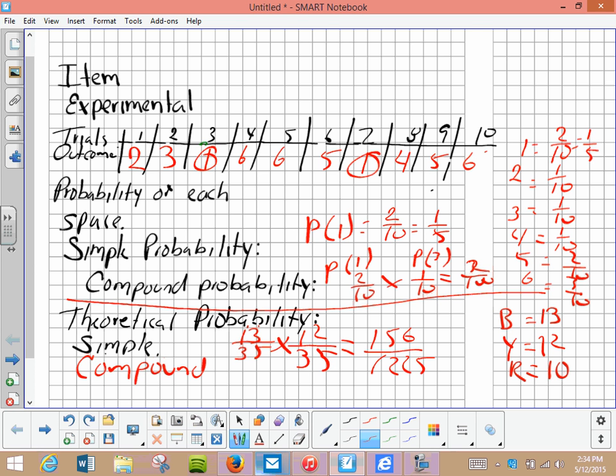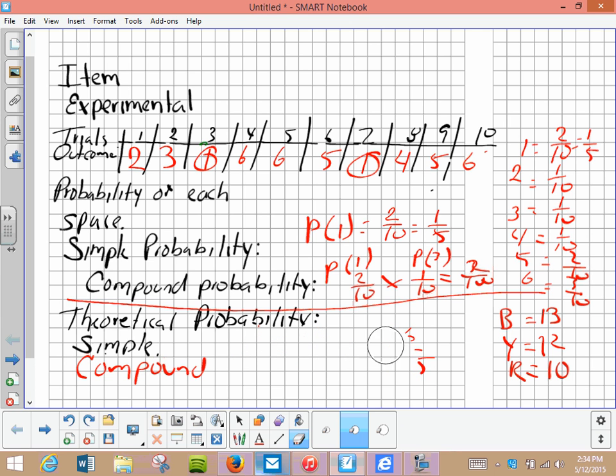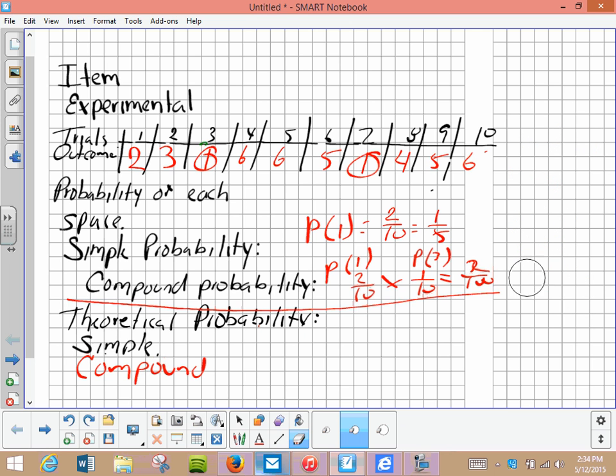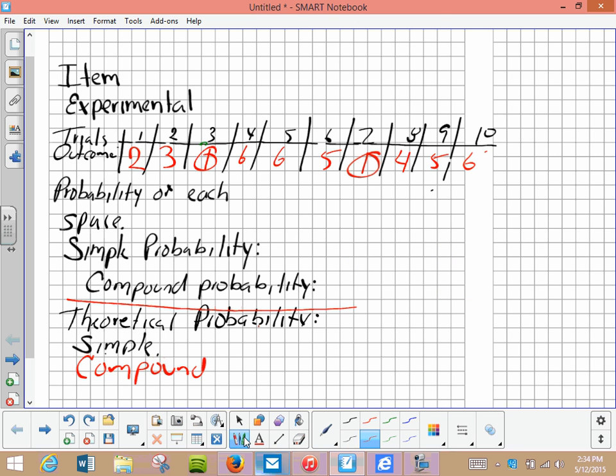All right, we have one more that we can do. Let's do, what do you have? Tiles? Little color sticks. Let's do our experimental probability for you guys. What do you get for the first trial?